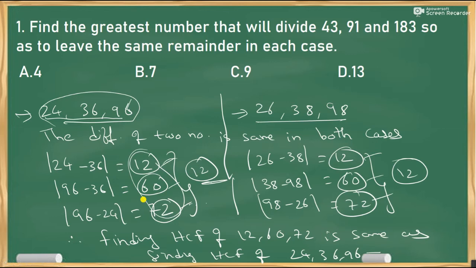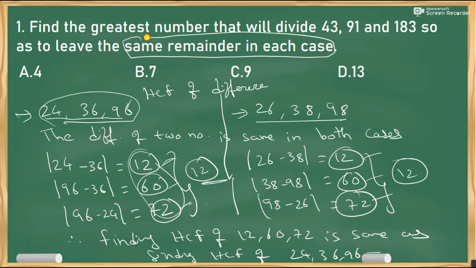So the difference is the same in both the cases. One thing you have to remember is you have to take the HCF of differences when we talk about the same remainder in each case.